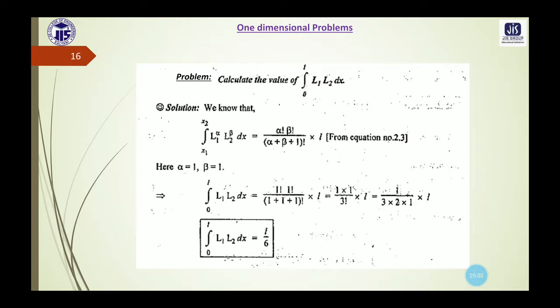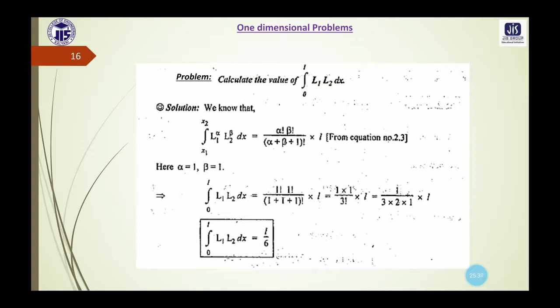First we have written this formula, which means we need to remember it clearly. After that, if we compare the left hand side of the formula with the given problem, the powers of L1 and L2 in the formula are alpha and beta, but in our given numerical no power is there, so the values of alpha and beta will be equal to 1.